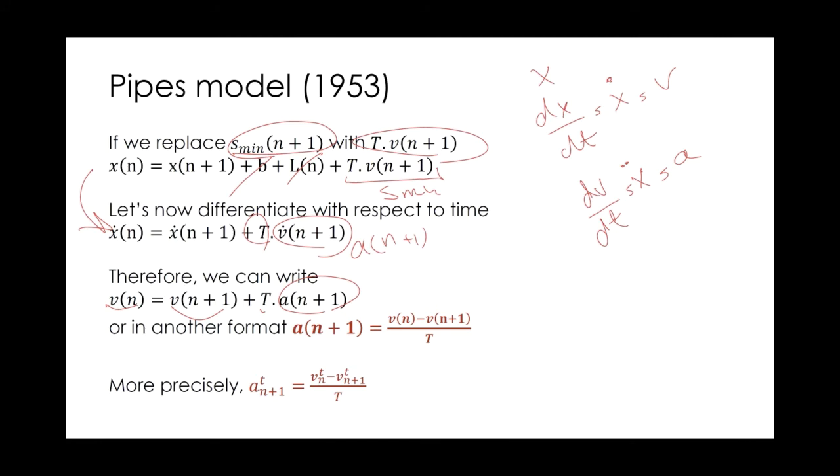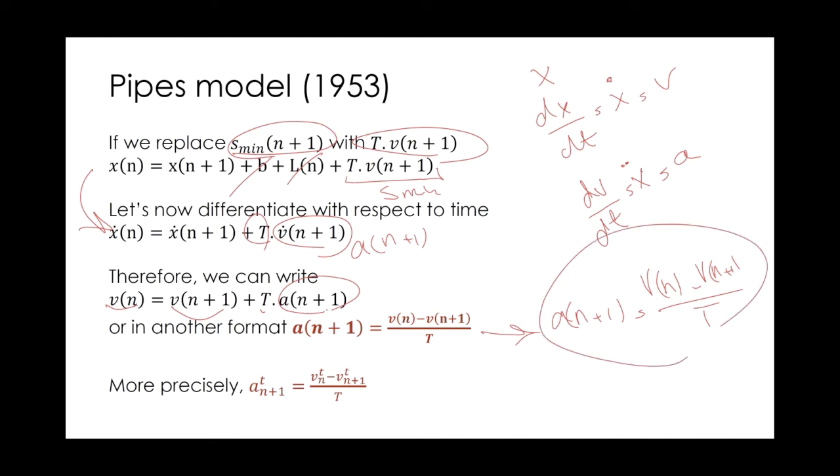And if I keep acceleration on one side of the equation and move everything else to the other side, what do I get? Pipe's model says the acceleration of the follower is equal to the speed of the leader minus the speed of the follower, divided by that T, the time that it takes to move the distance of 1 ln.